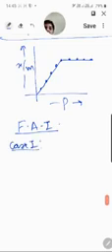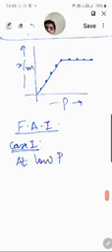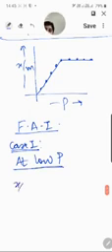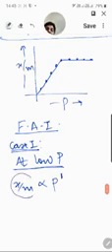This whole graph get divided into three parts. Case first is at low pressure. What happens at low pressure? At low pressure, the x over m depends upon the first power of pressure. What is x over m? The x over m is the extent of adsorption with respect to pressure.